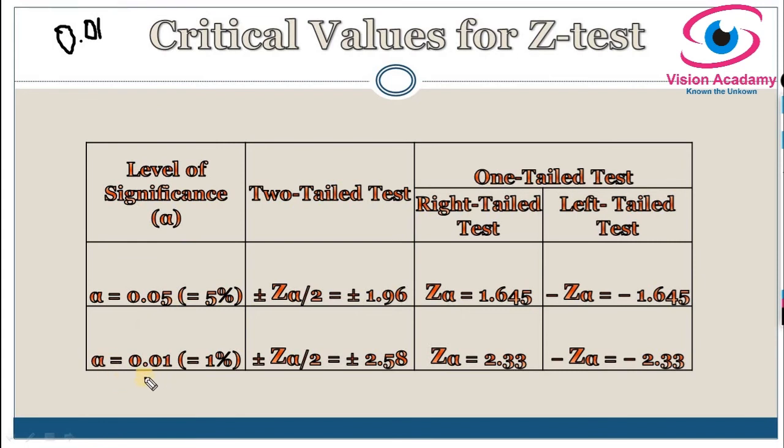In our example, we are considering the 1% level of significance, that is 0.01. And our test is a two-tailed test, because our alternative hypothesis has an inequality sign. In 1% alpha, two-tailed test, our critical value for this problem is plus or minus 2.58.